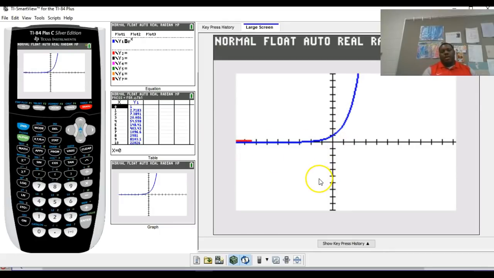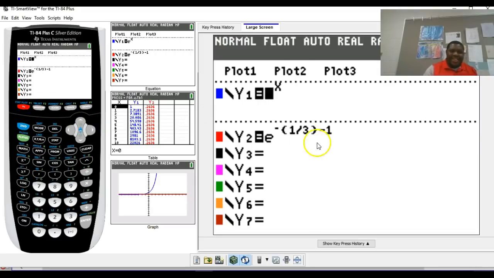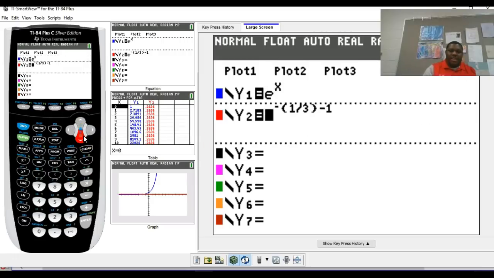And then we have the change. Hold on, let me make sure it took. E to the negative 1/3 of x. Oh, you know what it is? Did you see that? It was supposed to be 1/3 x.